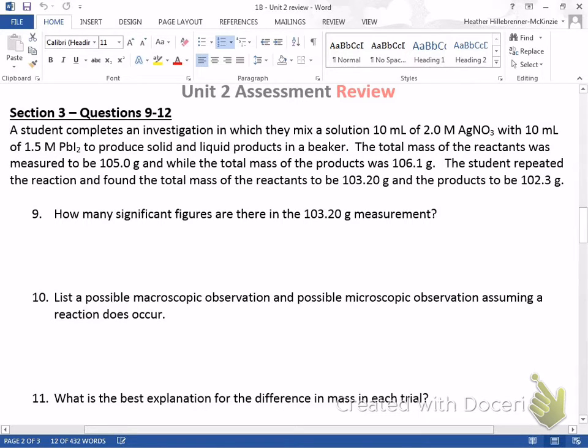You mix two things and you're going to get a solid, and you're going to see a color change in your reaction. The total mass of the reactants was measured to be 105 grams, while the total mass of the products was 106.1. The student repeated the reaction and found the total mass of the reactants to be 103.2 grams and the products to be 102.3.